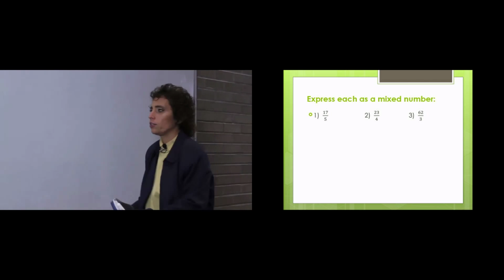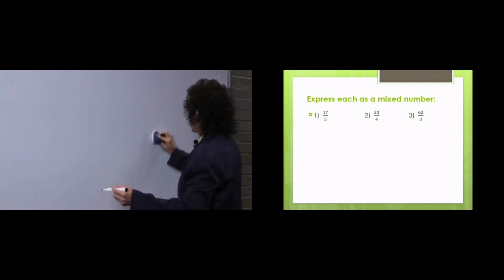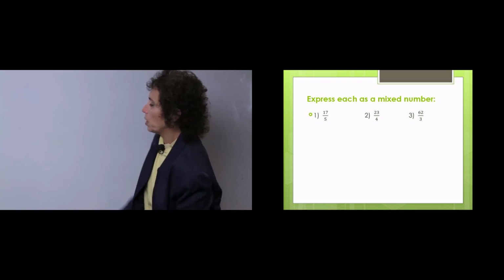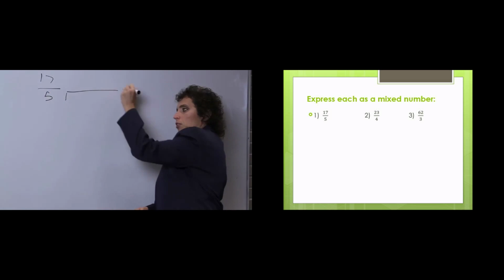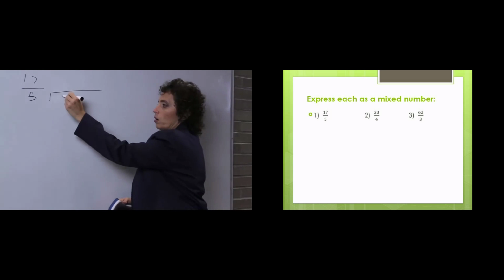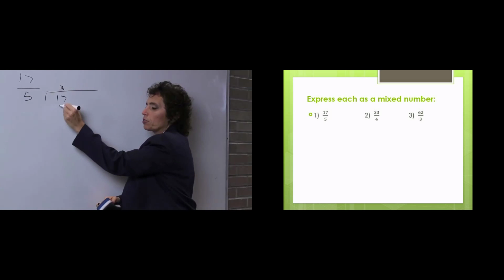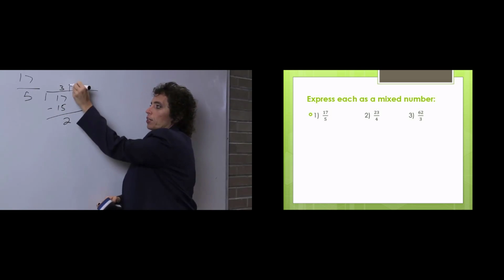So let's take a look at 17 fifths. Let's make sure there's no negatives here creeping up on the board. Change into a mixed number. Okay. 5 goes into 17 3 times. That's 15, and we get a remainder of 2.